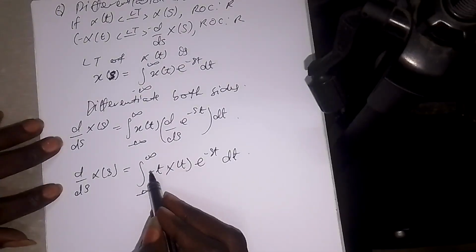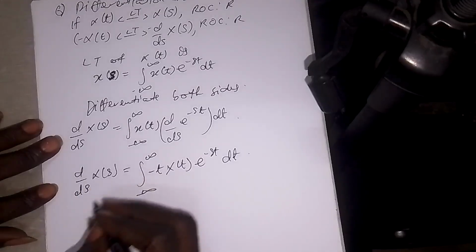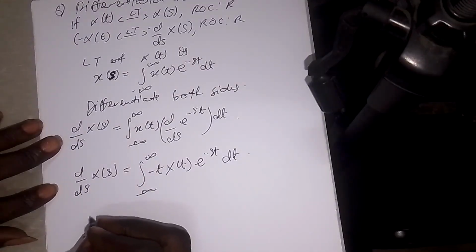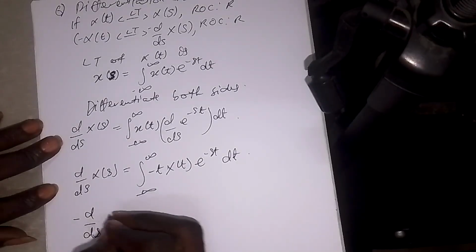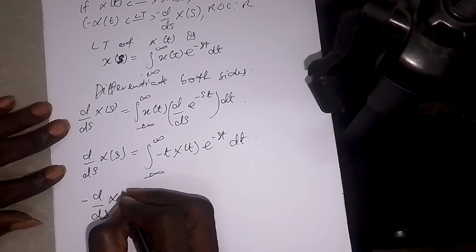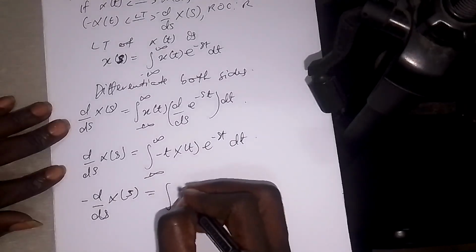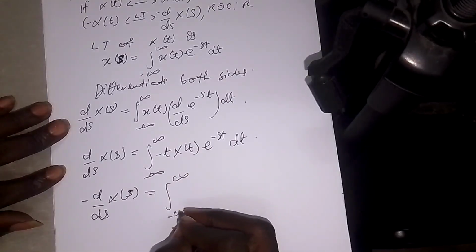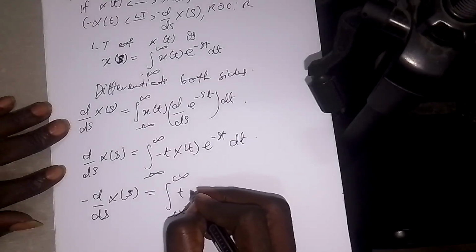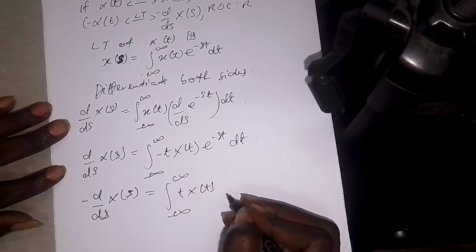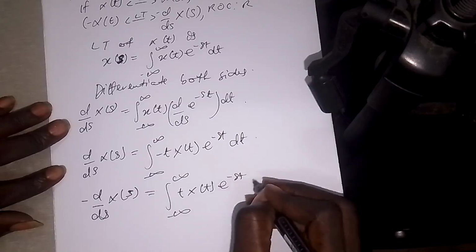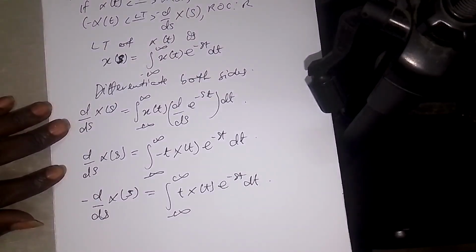Now this minus is a constant, I can take it to the left. Then I have minus d ds of x of s equal to the integral of t into x of t into e to the minus st dt.